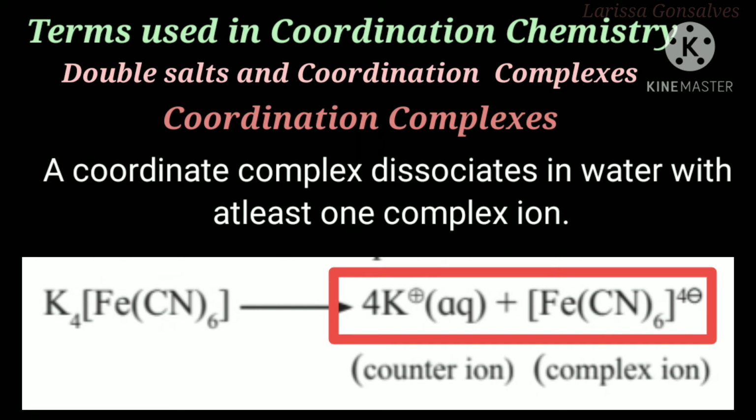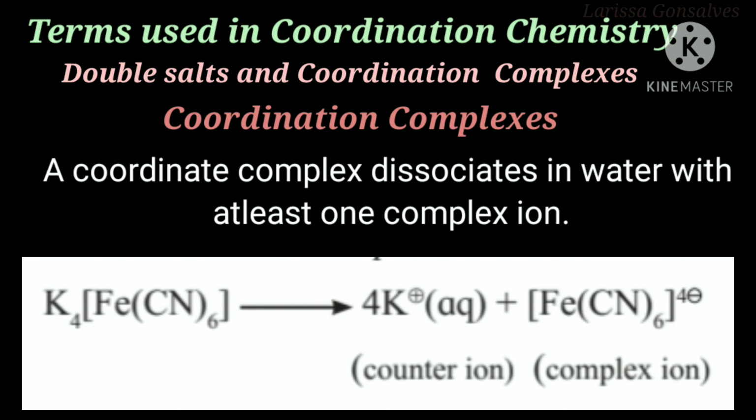Here potassium is the counter ion, since it is present outside the coordination sphere, and [Fe(CN)6] is the complex ion. So coordination complexes, when in contact with water, dissociate giving the counter ion and the complex ion. The complex ions are present inside the square bracket, which is called the coordination sphere.